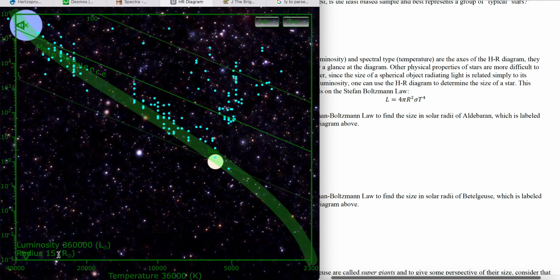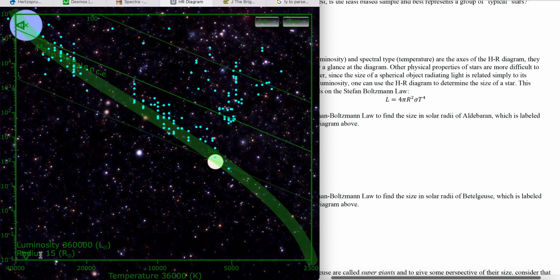It's still bigger, but only 15 times bigger than the sun. Wow, that's really interesting. That's because when you're a much hotter star, because that's where we are on the far left of the figure, you don't have to be as big to be as bright. When you're a cooler star, you have to be really big to be as bright.